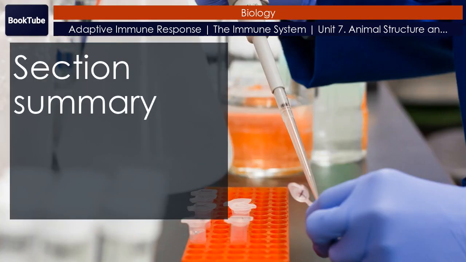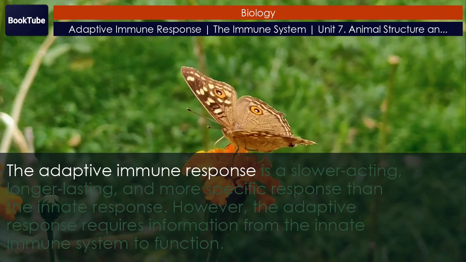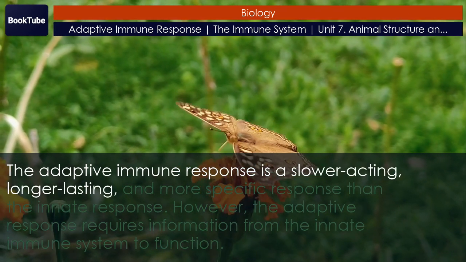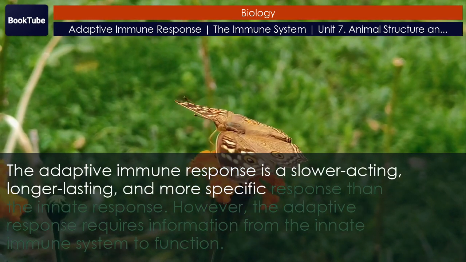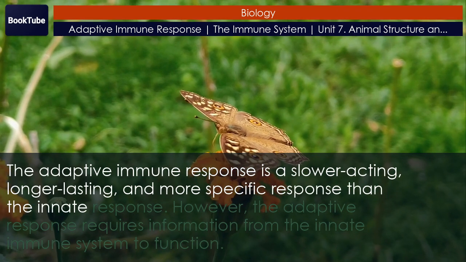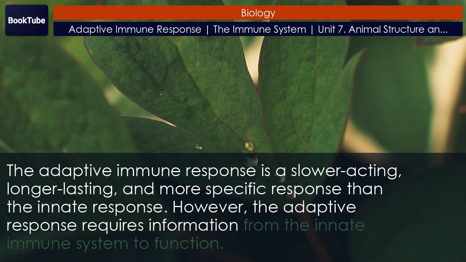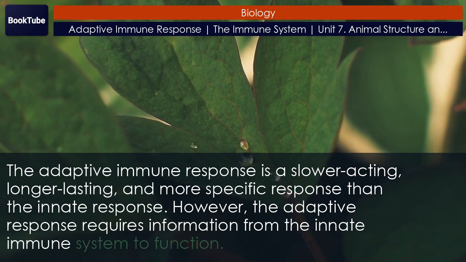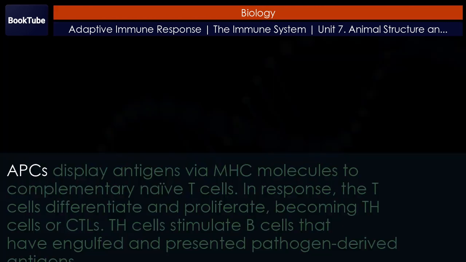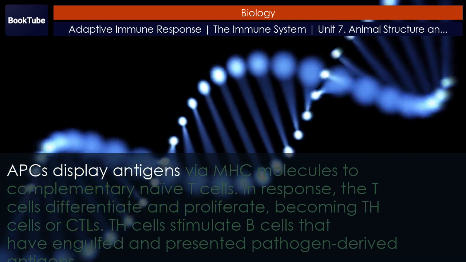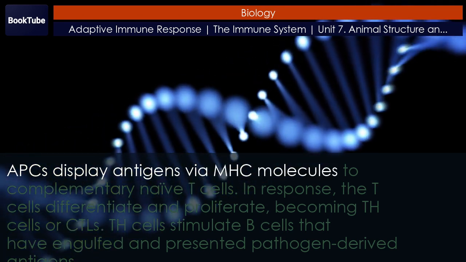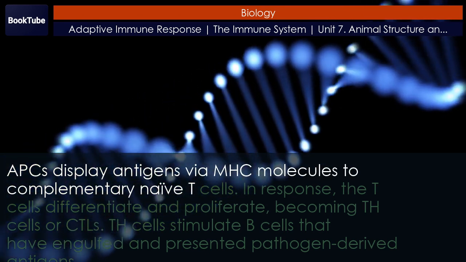Section summary. The adaptive immune response is a slower-acting, longer-lasting, and more specific response than the innate response. However, the adaptive response requires information from the innate immune system to function. APCs display antigens via MHC molecules to complementary naive T cells.